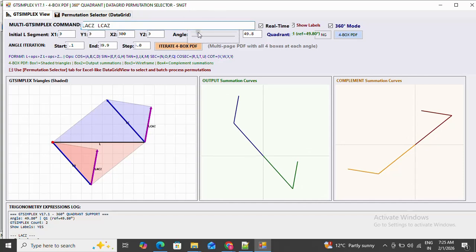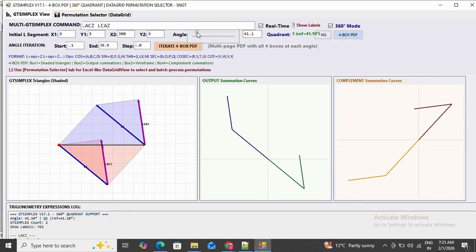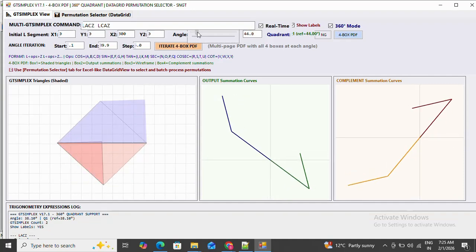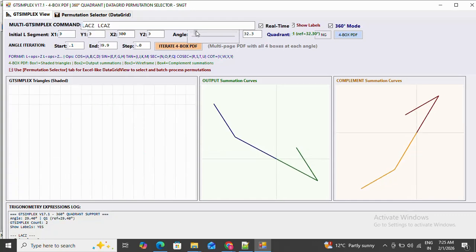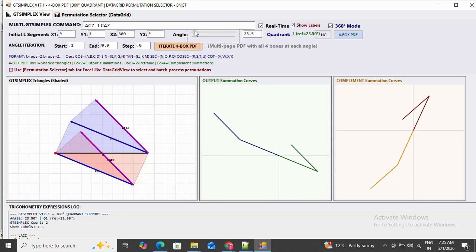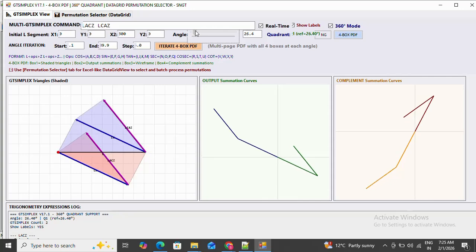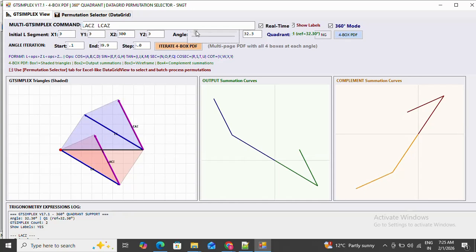These two final output line segments are always parallel, and for any angle, when they cut the L, they will cut at the midpoint of the L. LACZ always cuts the original initial line segment L at its midpoint, and this is another theorem from Sanjoy Nath's Geometrifying Trigonometry.